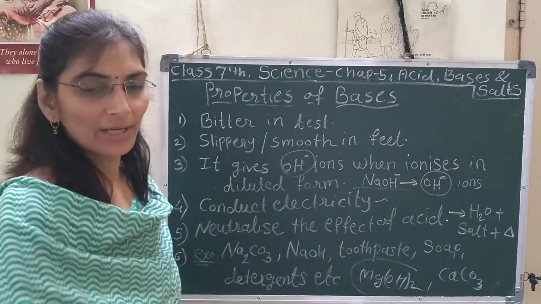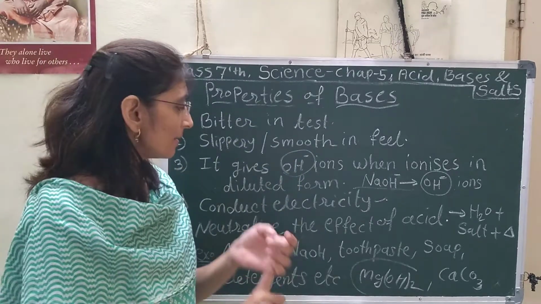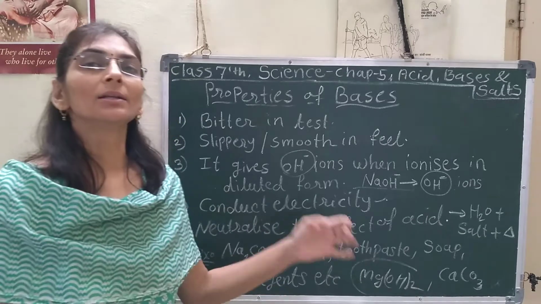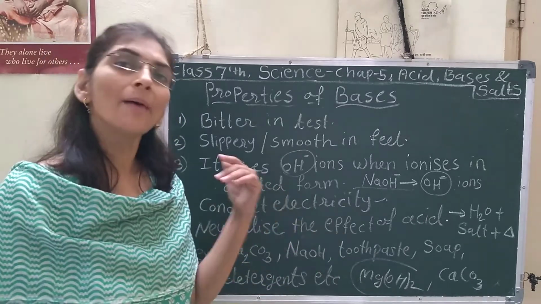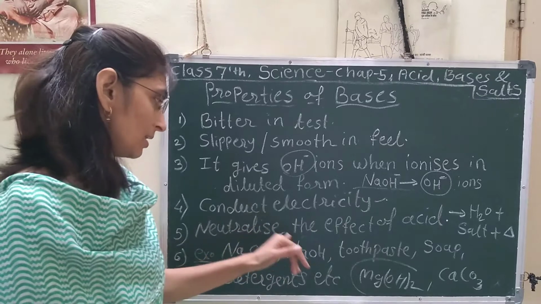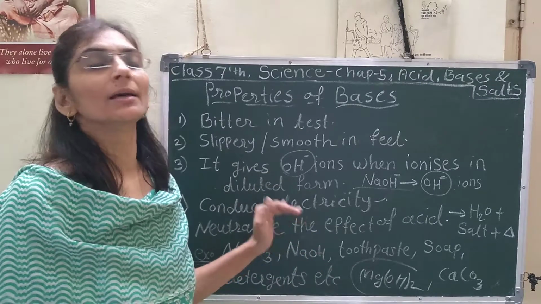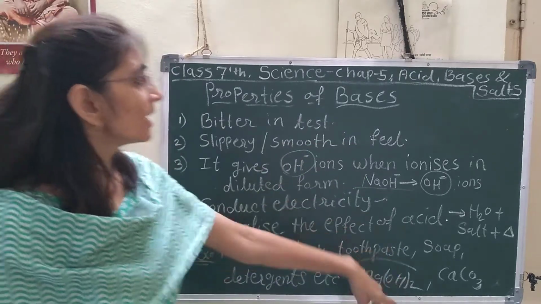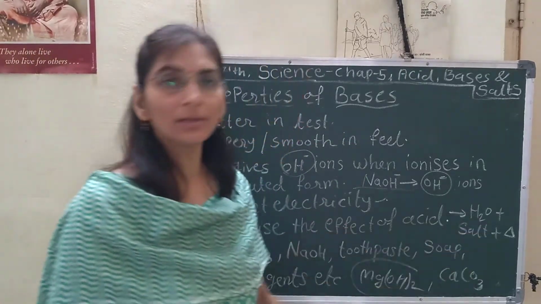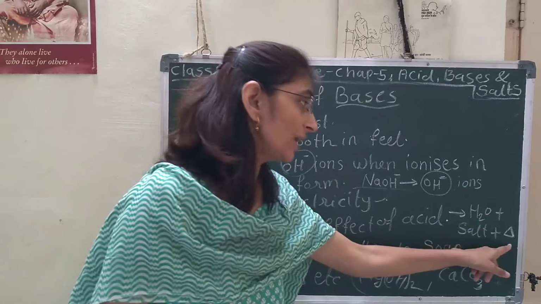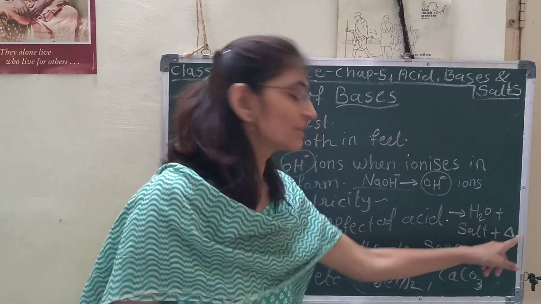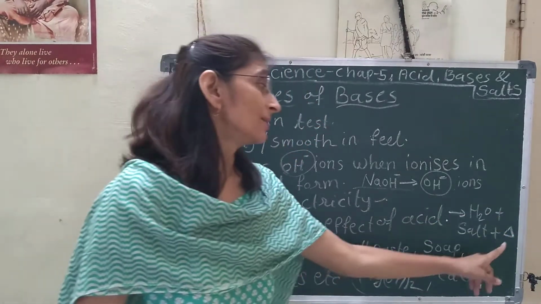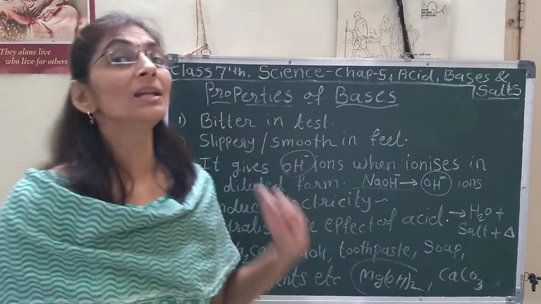Milk of magnesia is one of the very important bases used in the formation of antacids. When we add bases to an acid, what happens? There is a formation of water, salt and heat. This triangle is not a triangle in mathematics. This is the sign of heat in chemistry.